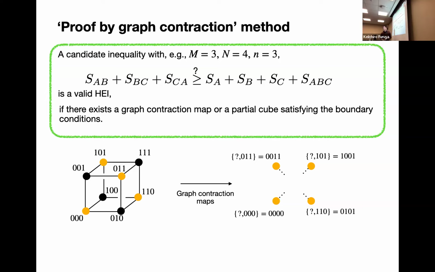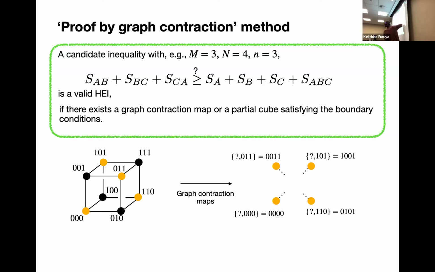This candidate inequality is a valid holographic entropy inequality if there exists a graph contraction map acting on the hypercube that gives you a partial cube on the right hand side satisfying the boundary conditions.